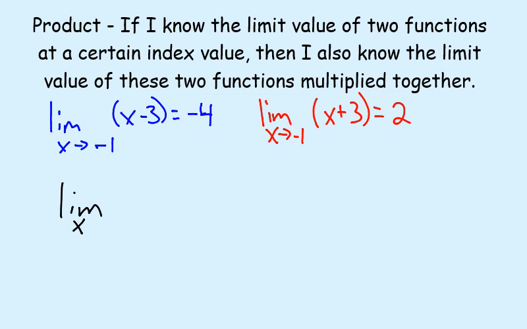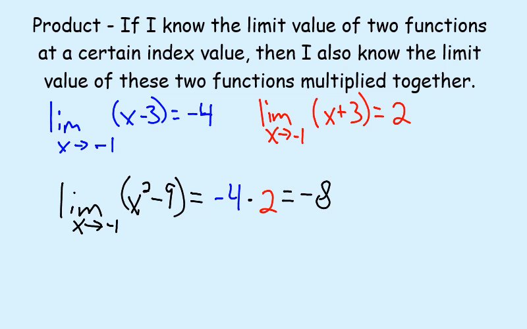So if I multiply these two together, I get a function x squared minus 9, which is just these two functions multiplied together, and the limit will be -4 times +2, which gives me a new limit value of -8. Notice that each of these so far have to have the same index, which for this exact example is -1.